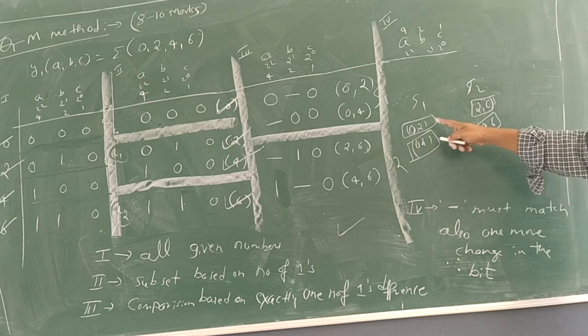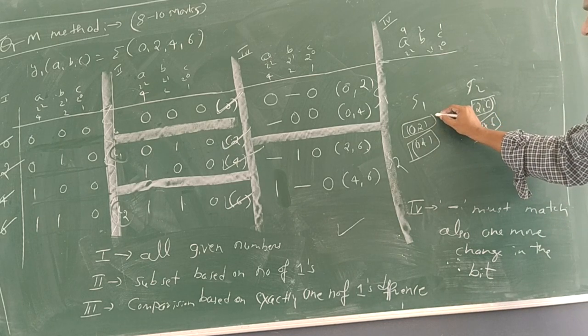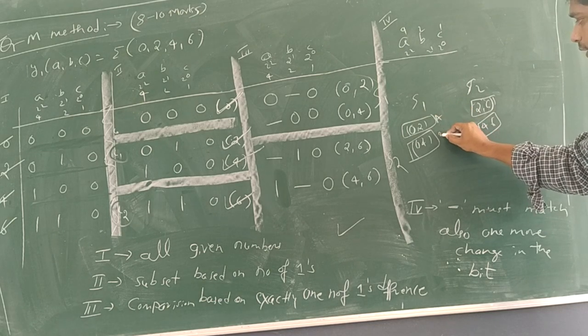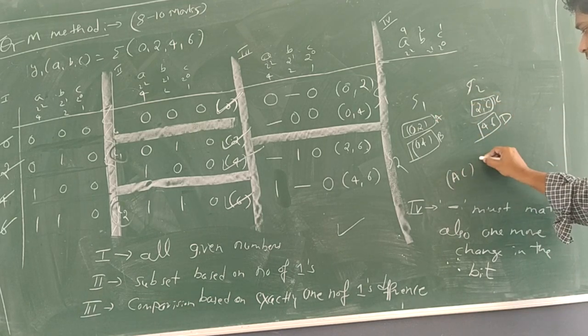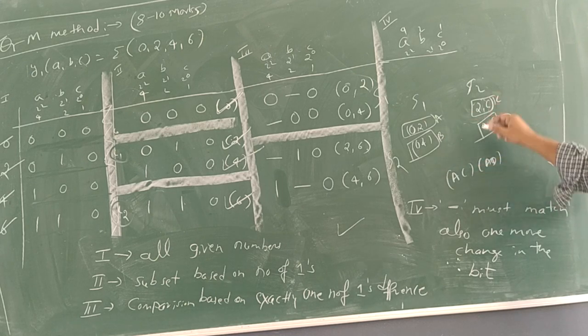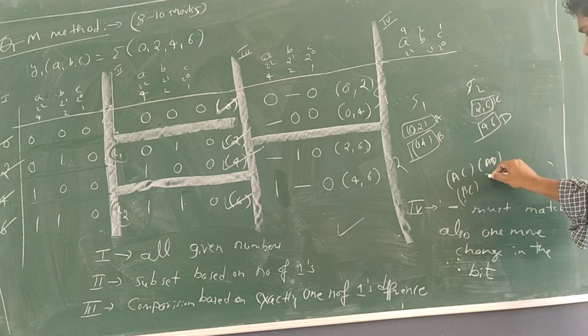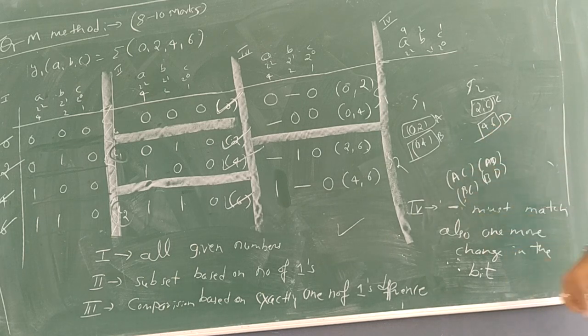Now, see here. If you assign them like capital A, B, C and D, what is the Cartesian product? AC, AD. One more side, BC and BD. This is the Cartesian product possibility.